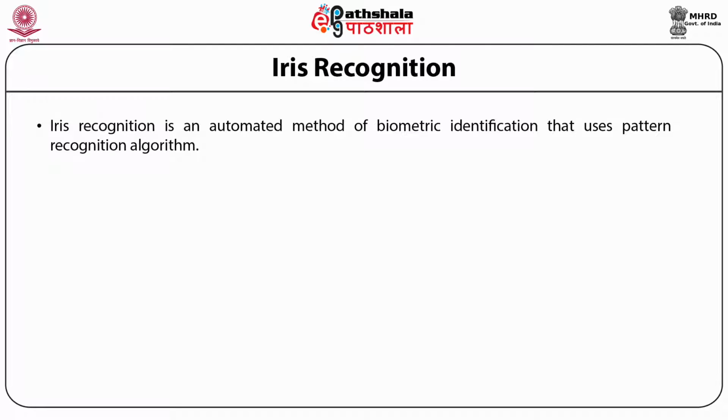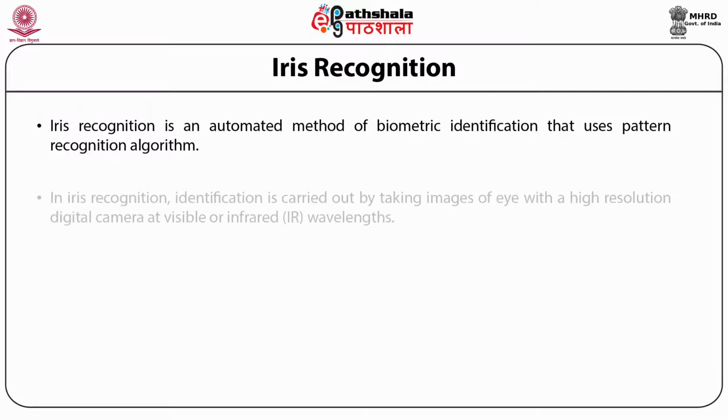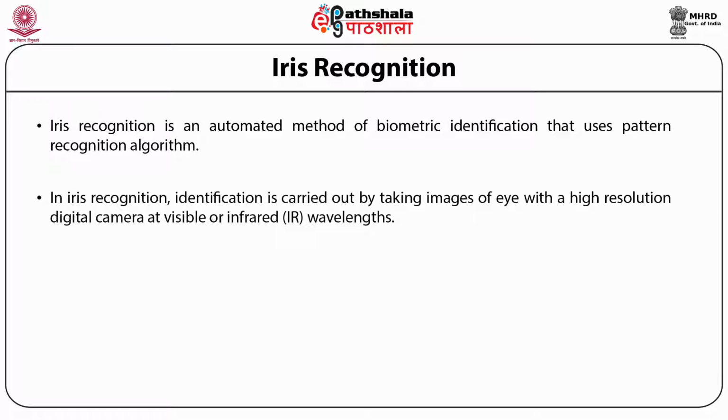Iris recognition is an automated method of biometric identification that uses pattern recognition algorithms. In iris recognition, identification is carried out by taking images of the eye with a high-resolution digital camera at visible or infrared wavelength.